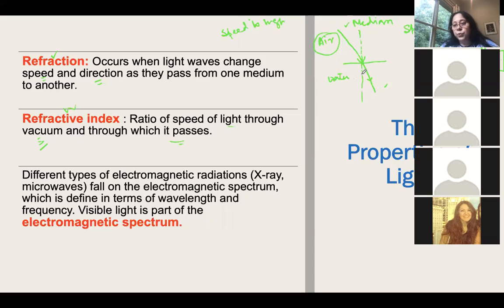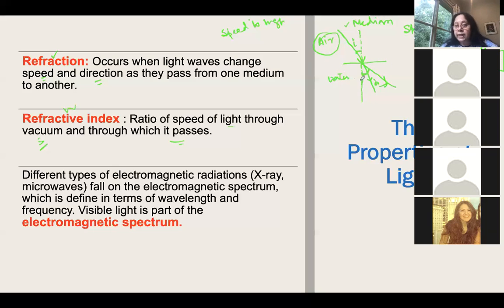As I told, when speed increases, the light goes far from the median. Basically, this angle becomes larger than this angle. This angle is called the incident angle, and this is the refractive angle.